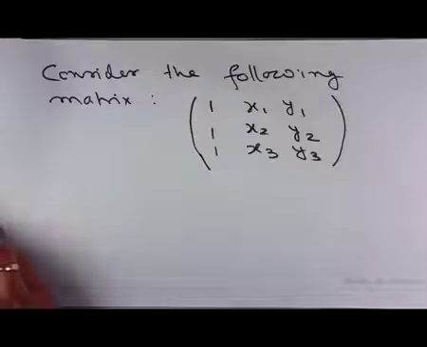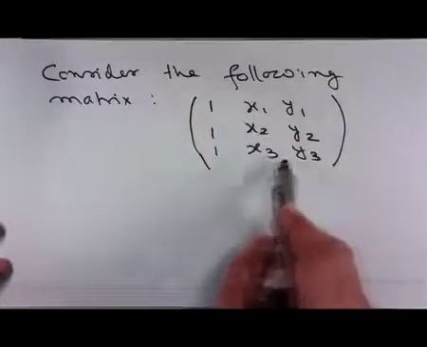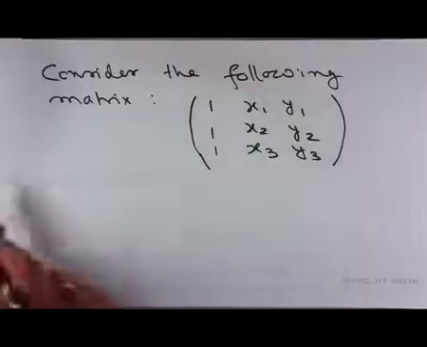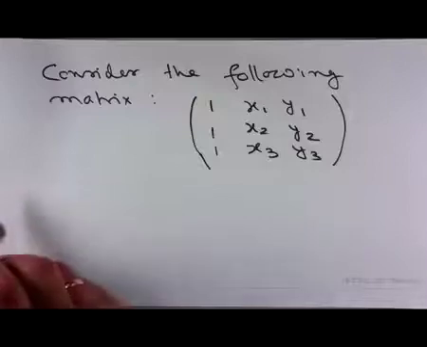We have taken the 3 points, but of course, we have taken an extra column 1, 1, 1 as the first column.